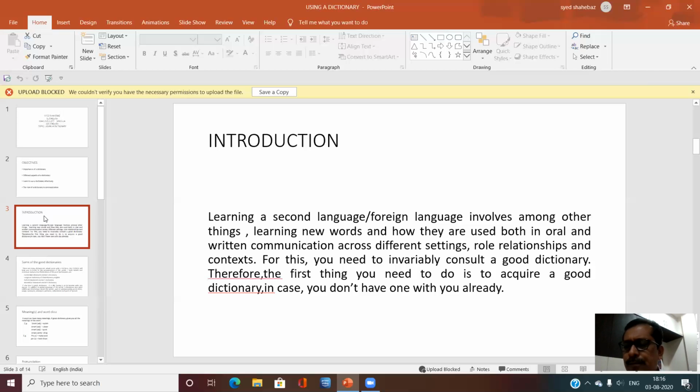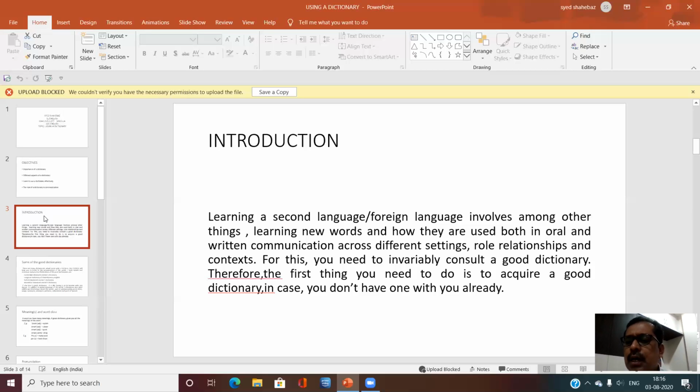That is compulsory, mandatory. Without a dictionary, you cannot expect to improve your communication skills, your language skills, your vocabulary, etc. If you don't have the correct dictionary, it is very difficult.